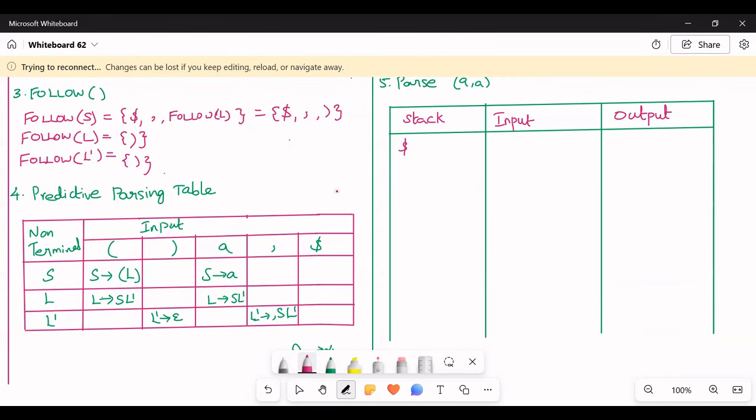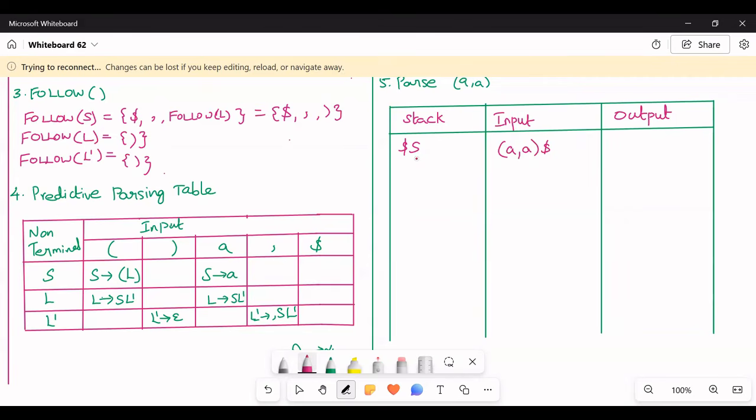For this grammar, the start symbol is S. In the input buffer, we write the input string to be parsed followed by dollar. Here dollar represents the bottom of the stack. Then we write S, meaning we are pushing the start symbol of the grammar on the stack.